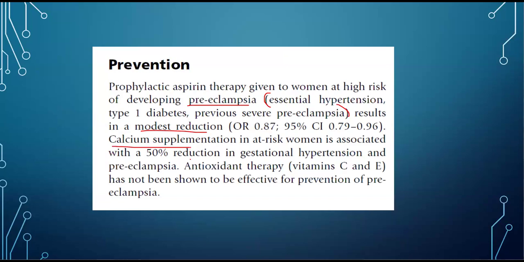Calcium supplementation can reduce the risk of gestational hypertension and preeclampsia. So either calcium or aspirin, these two are good for prevention of preeclampsia in a high risk patient.